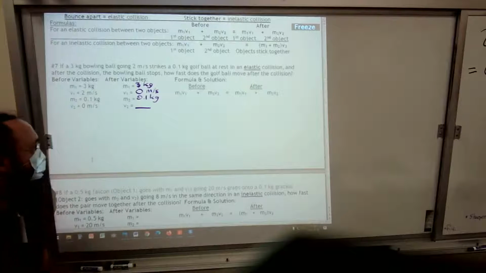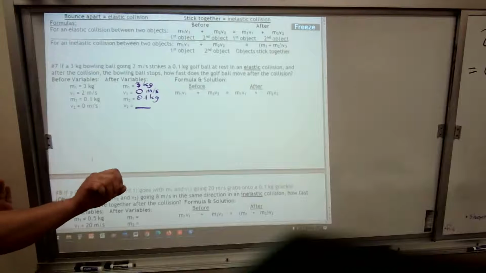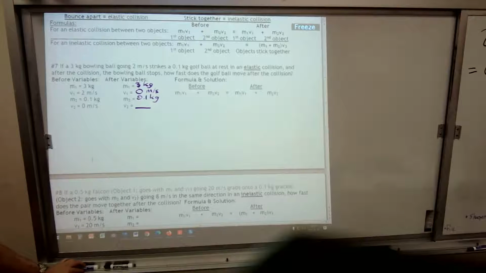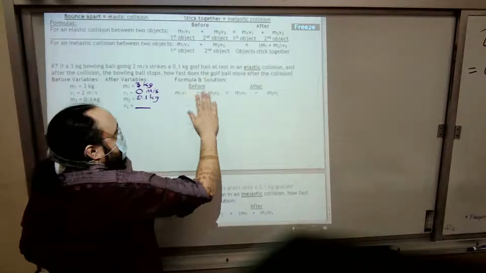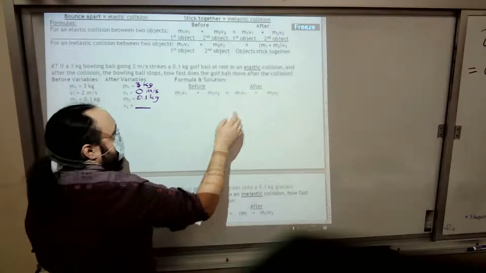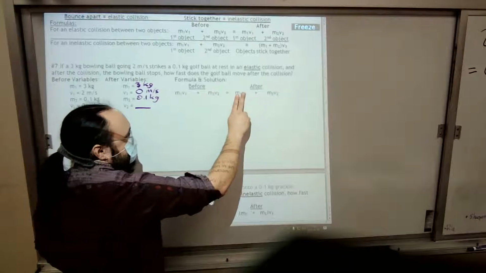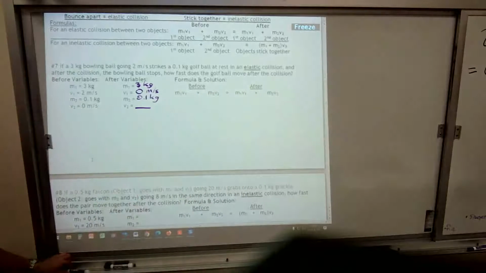That's what's going to happen if that bowling ball stops and that golf ball takes all that momentum. Momentum is supposed to be conserved, so the momentum of the bowling ball is going to be equal to the momentum of the golf ball afterward. If the golf ball has stopped before and the bowling ball stops after. You'll see what I'm talking about when I plug the things in.